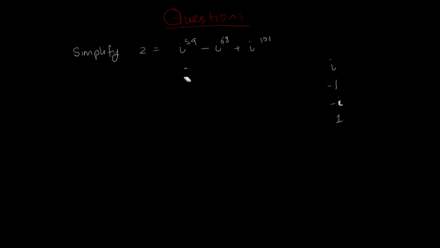Or you may do it step by step, like i cube first. Similarly for 68, I know 60 is in the table of 4, and then 64, and the remainder is 0 here. That means you have to choose the last one, i to the power of 4. And similarly in the last question, the remainder is 1.